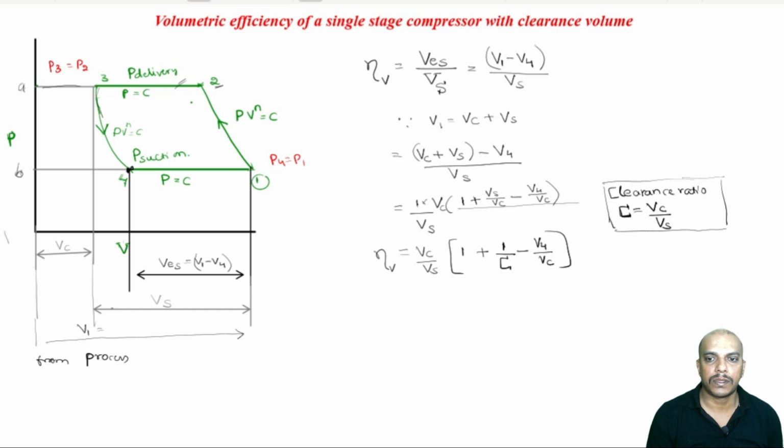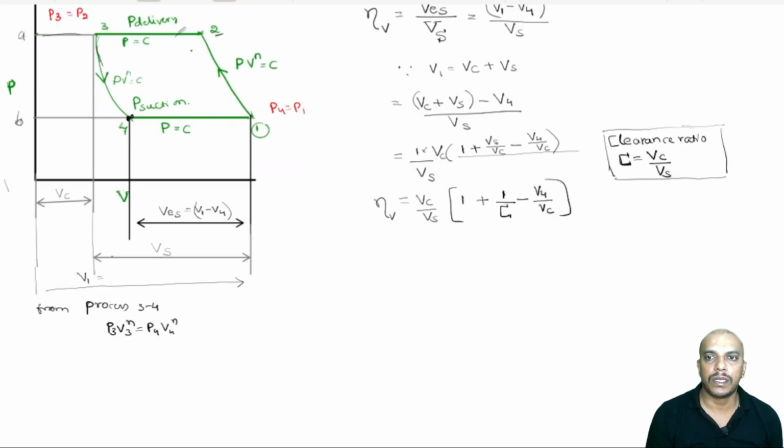From process 3 to 4, I can write P3 V3 power n is equal to P4 V4 power n. We want V4 by Vc, so I will go for V4 by V3 on one side, this whole power n, and P3 by P4 on the other side. So this is our expression.